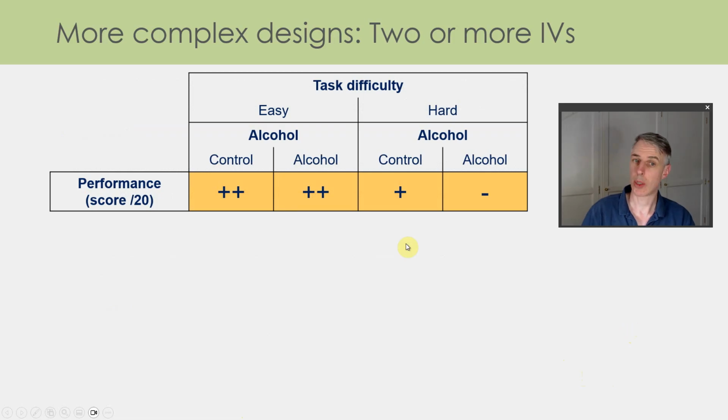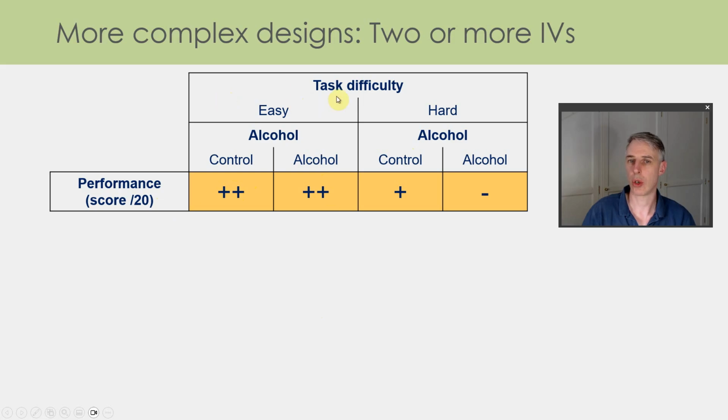In terms of a schematic, we could represent it as follows. So this is our outcome variable, performance on hand-eye coordination tasks, notionally scored out of 20. Here we have the effect of alcohol, the contrast between the control and the alcohol conditions, broken down by task difficulty.